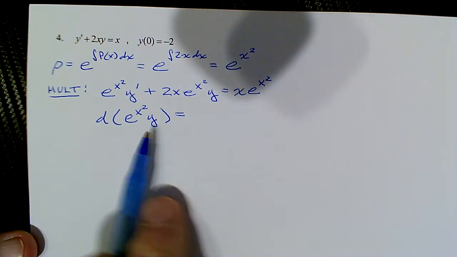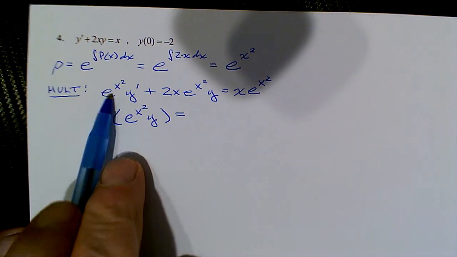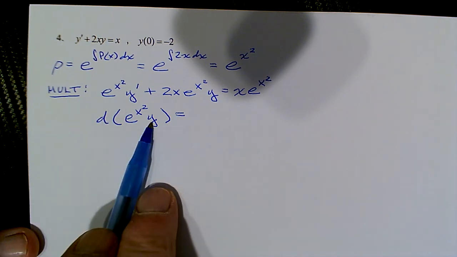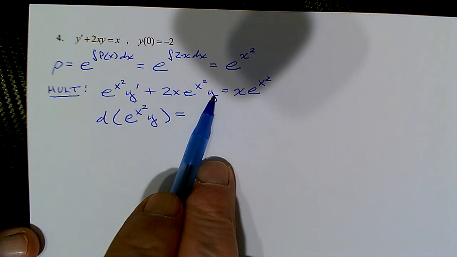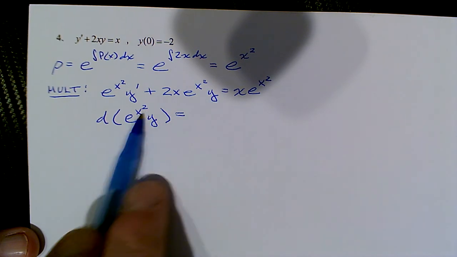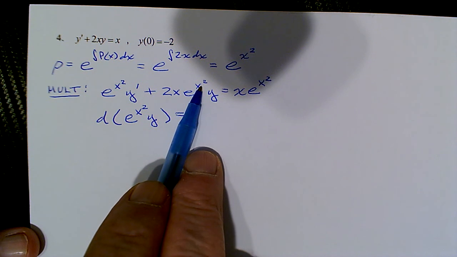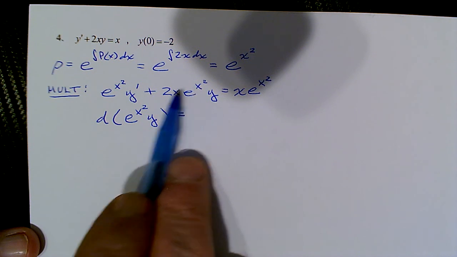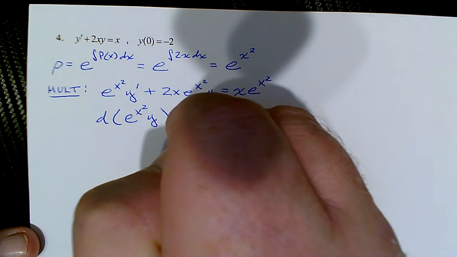Again, you should verify that that's true. I always do. Here's the first factor, e to the x squared, derivative of the second, y prime, plus the second factor, y, derivative of the first, and derivative of e to the x squared is e to the x squared, but then times the derivative of the power on the base of e, and the derivative of x squared is 2x. So, verified that.